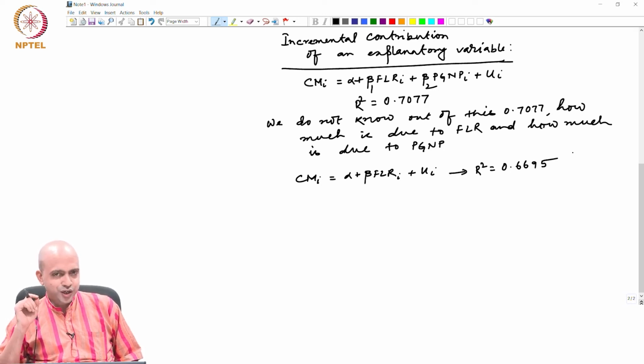Because as we said yesterday, if you add one extra explanatory variable, the explanatory power of the model will definitely increase, but how much?